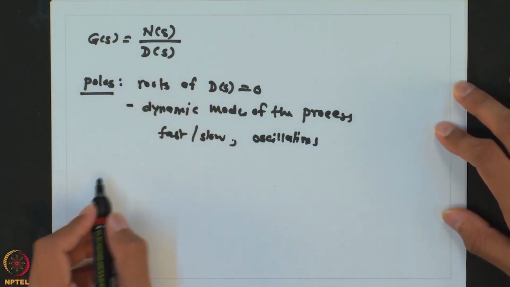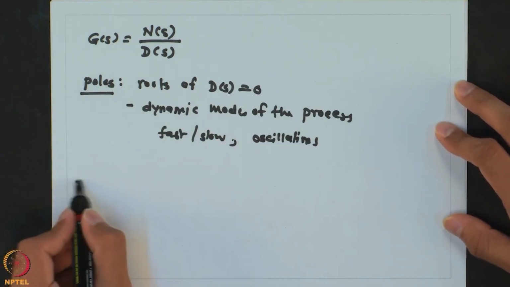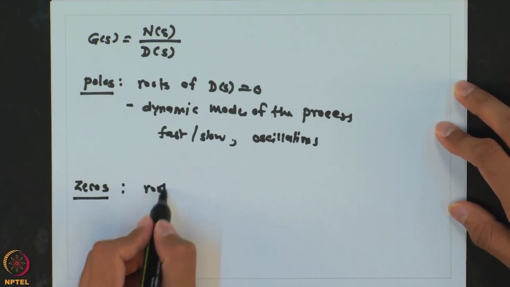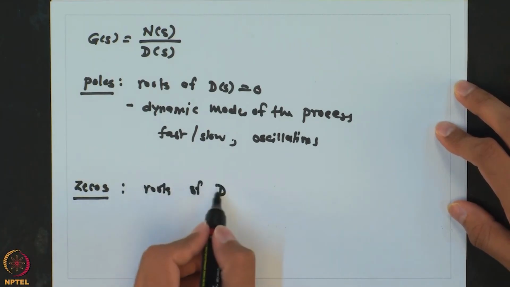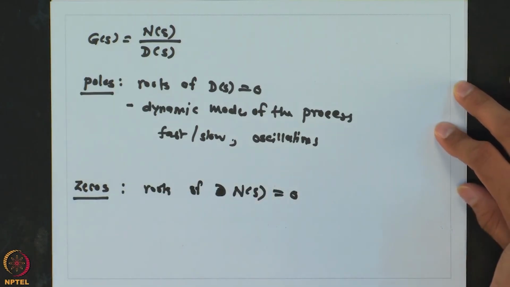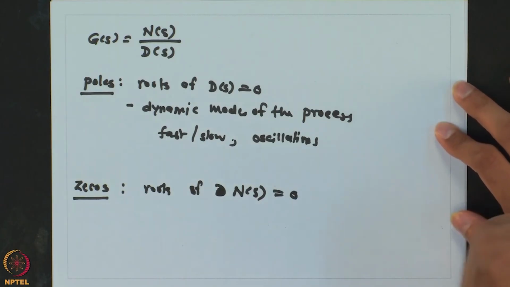And when we have the numerator polynomial as well, what we get is zeros. Those are the roots of the numerator polynomial. So when you take N(s) and equate it to 0, the roots of that give you what are known as zeros of the transfer function.